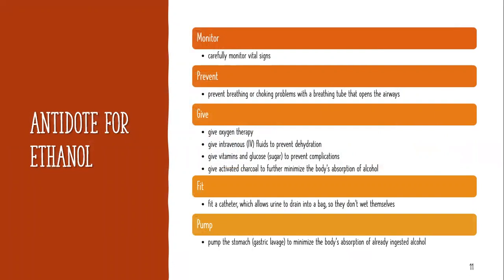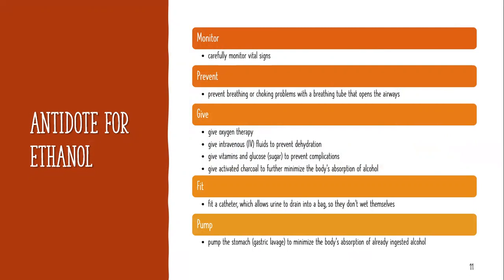In case of an ethanol poisoning, the doctor firstly has to monitor the vital signs. They have to prevent the patient from breathing and choking problems. For that they can use a breathing tube. They have to give oxygen therapy, also IV fluids, vitamins, and glucose.